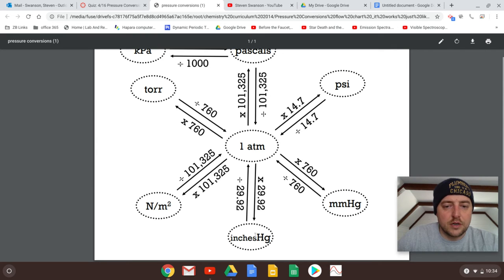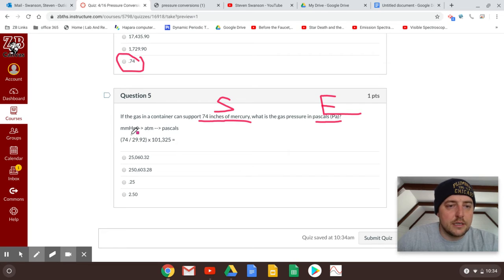Inches of mercury is actually right here at the very bottom center. So the work might be a little bit different. This actually needs to be changed to inches of mercury. I'll just say in, we'll abbreviate it.